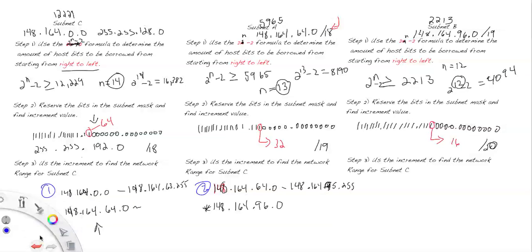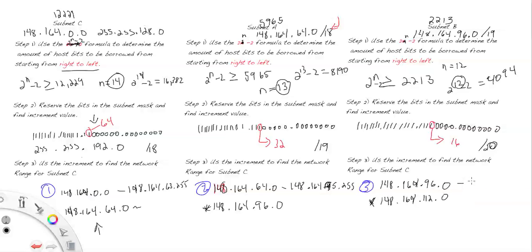So using our increment, we've got to find our next range. So our third range here, subnet B, is going to be 148.164.96.0, right? That's this guy up here. The next range after that would start at 148.164.112.0, and we're going to keep that guy around for our WAN links in this problem.